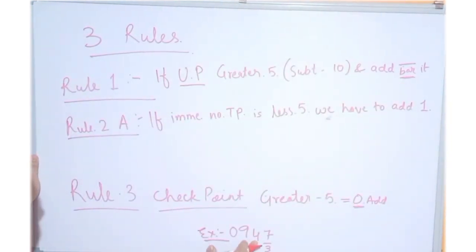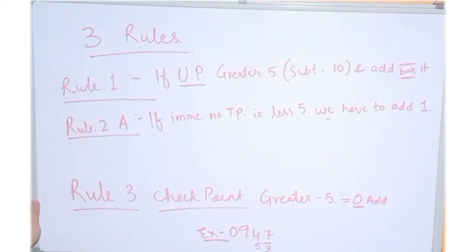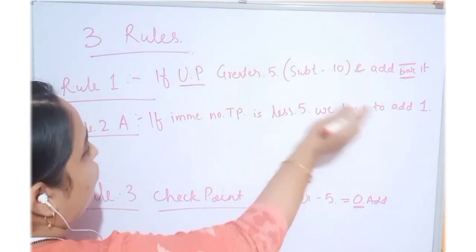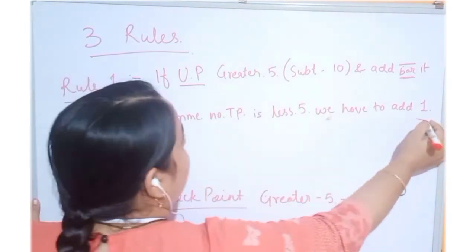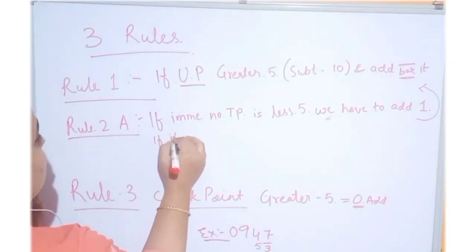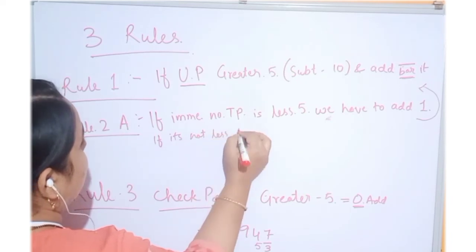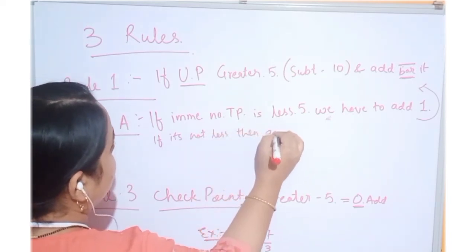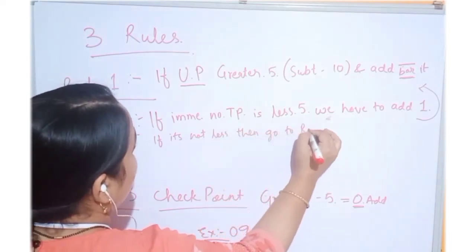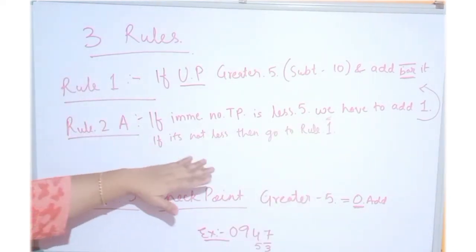So this is less than 5, we add 1 to it. This will give us 5. Or else, if it is not less than 5, go to rule number 1 again. I hope this much is clear to you.